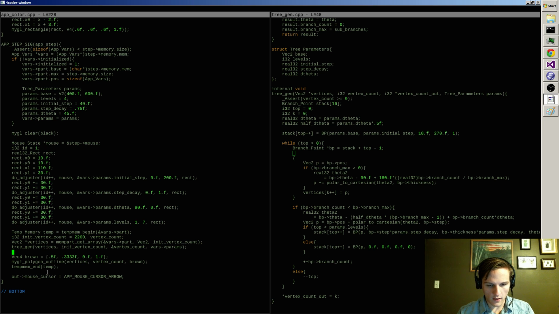Anyway, after drawing that outline, what I want to do is do a tree gen again.